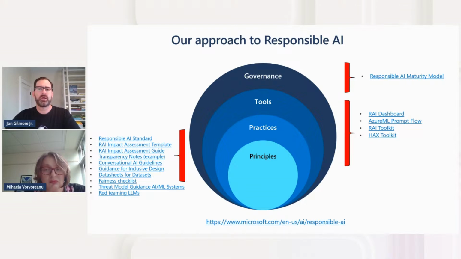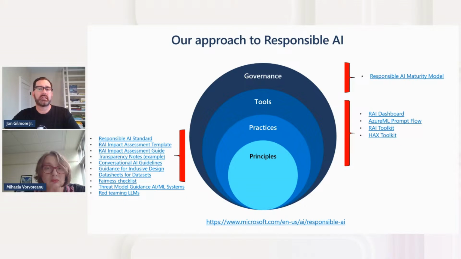At the core of our practices, we have our Responsible AI Standard that is adopted across all product teams at Microsoft and is the guidance on how to take the principles and align them to your AI product. There is a template for how to conduct a Responsible AI Impact assessment, who to include, what questions to ask, how to get the discussion started.